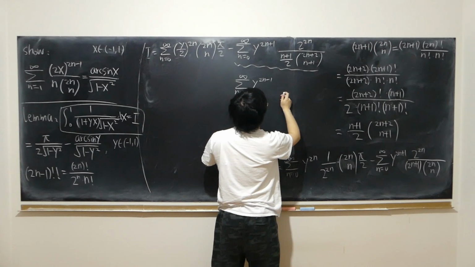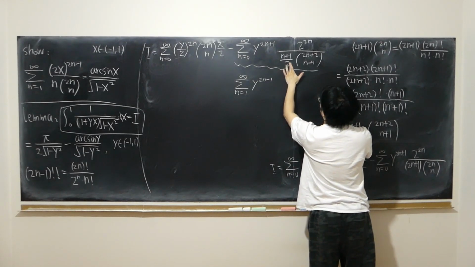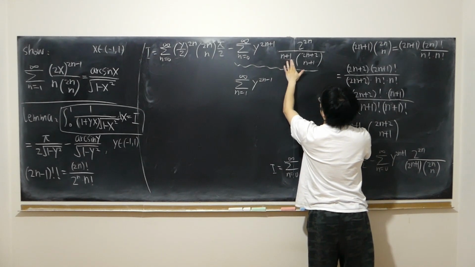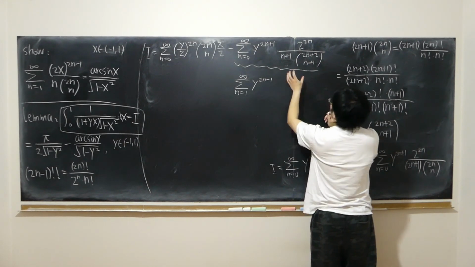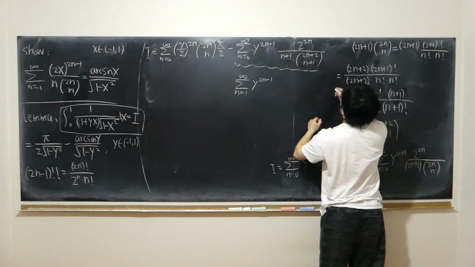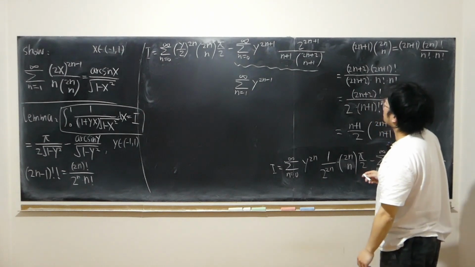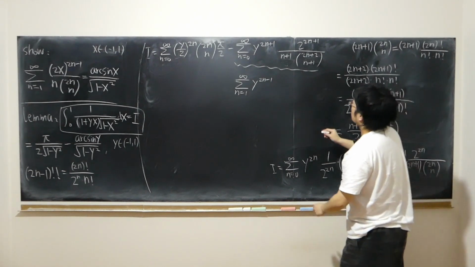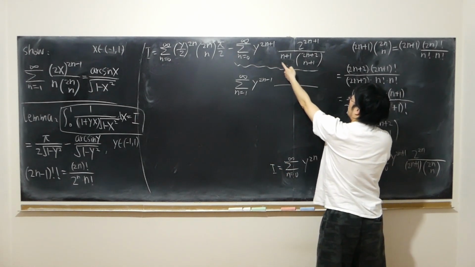Then first of all, perhaps I'll move this 2 onto the top. Because I multiplied by 2 at the bottom, cancel this 2. I multiplied 2 at the top as well. So the power should become plus 1. Then, like I said, I just replace each n with n minus 1.